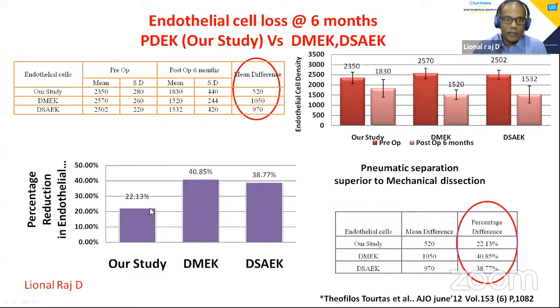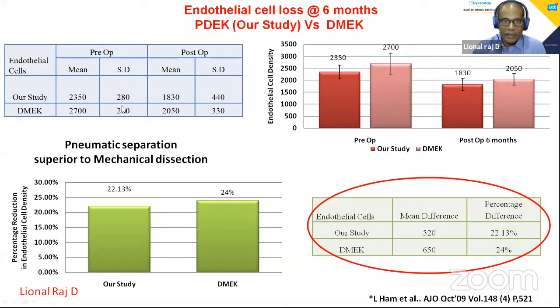And endothelial loss also, ours was 23%, and compared to other techniques, it was way better. Probably a pneumatic separation is superior to mechanical dissection in terms of endothelial preservation. And the Price group in recent days have said the endothelial cell loss is 30% or just over 30% following DMEC, and ours is 23%.